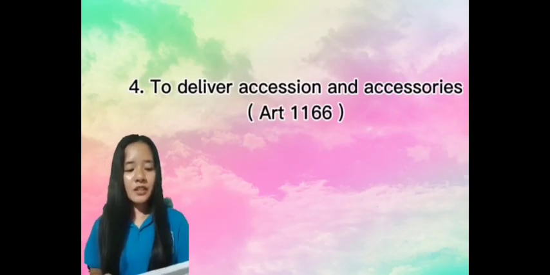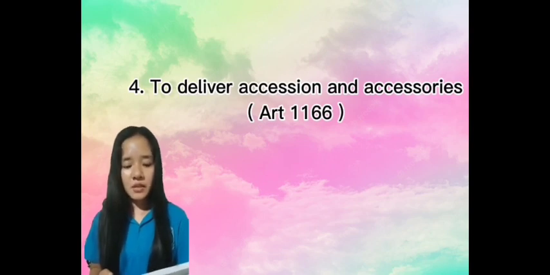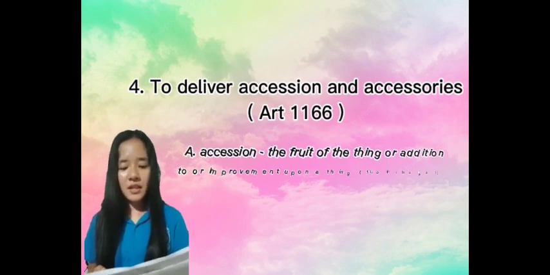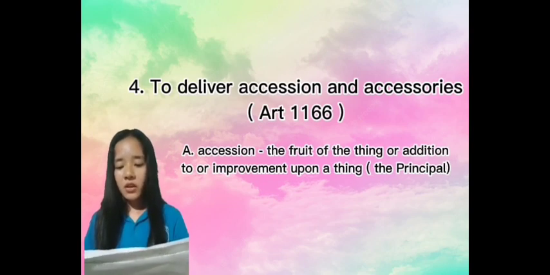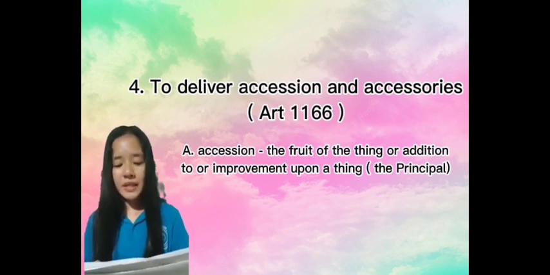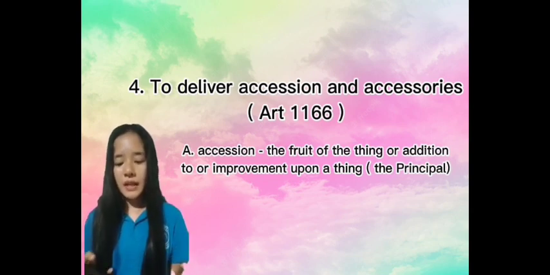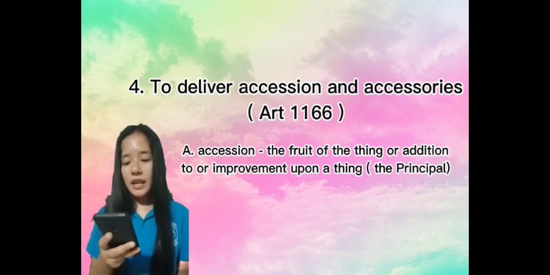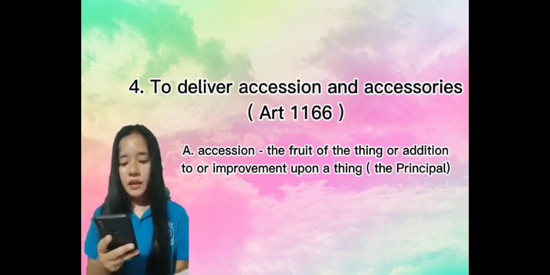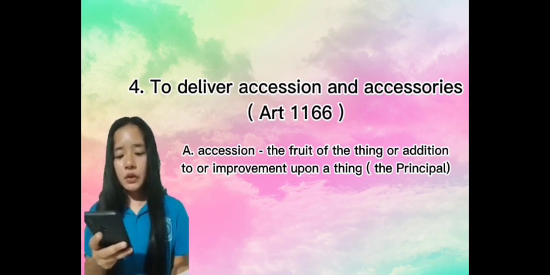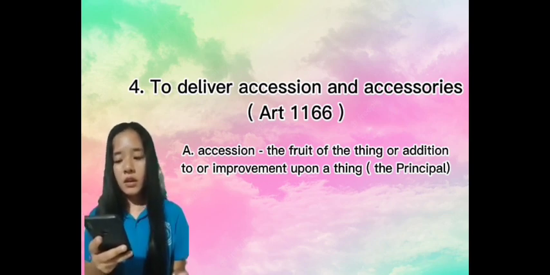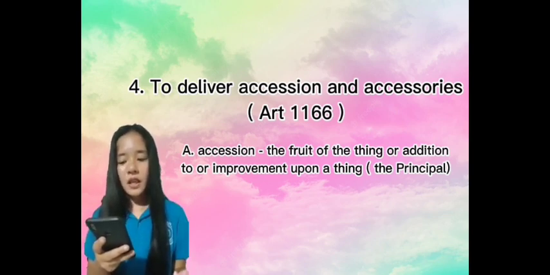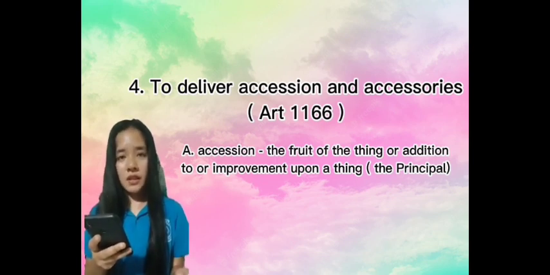Number 4. To deliver accessions and accessories. Letter A. Accessions: the fruits of a thing or additions to or improvements upon a thing. The principal thing can still be used whether or not there are accessions. It includes everything produced by a thing as well as all incorporated or attached with it, be it natural or artificial.